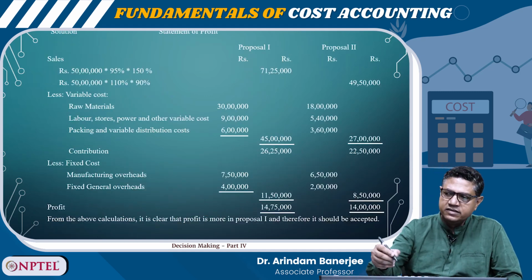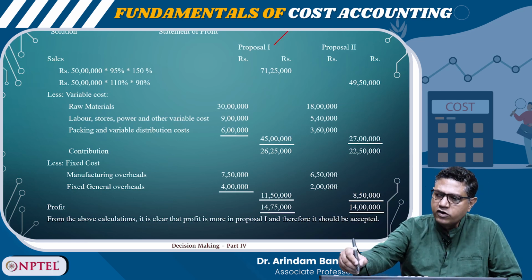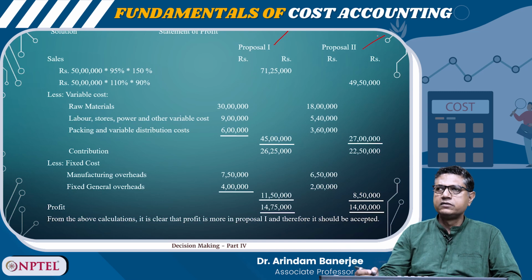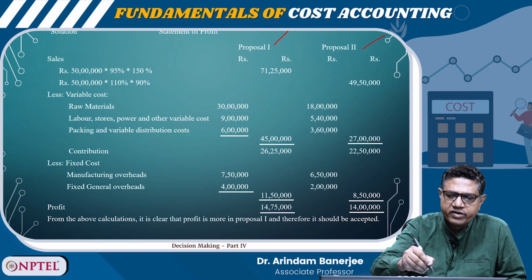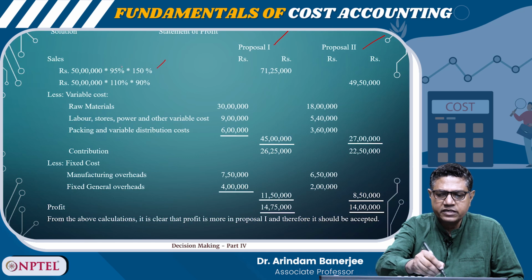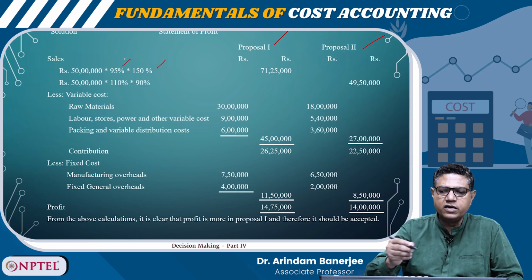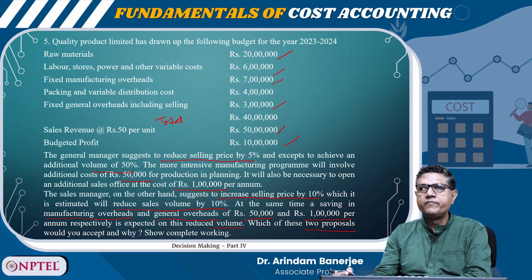Now, this column is for proposal 1 and this column is for proposal 2. So, sales for the first proposal it is 50 lakh into 95% into 150%. 95% because it is given here in the first proposal the selling price is reducing by 5%.